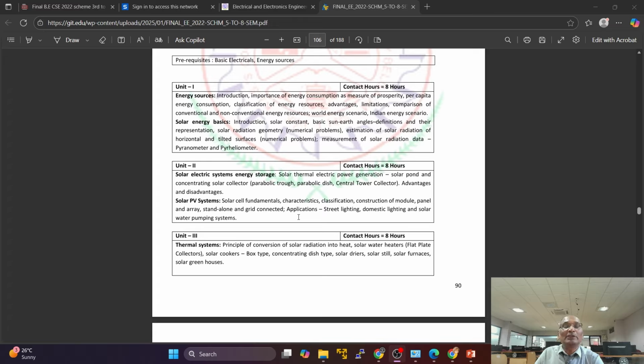Domestic lighting: nowadays under the Prime Minister's Har Ghar Bijli Yojana, solar PV systems are given at subsidy rates to individuals. By installing those rooftops, you can utilize the excess power and integrate with the grid, exporting to the grid, for which you can gain money also.